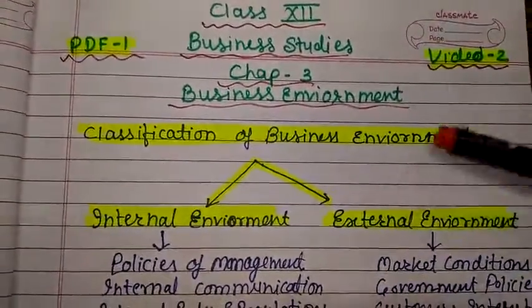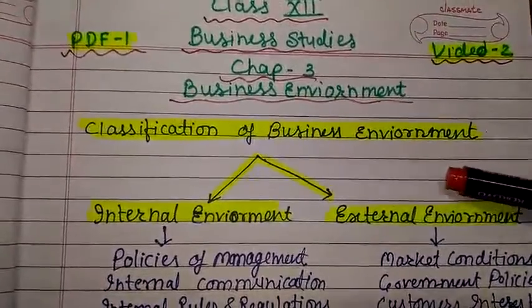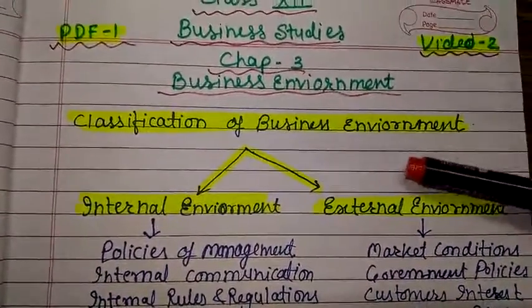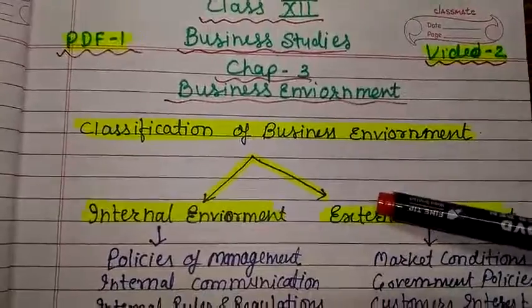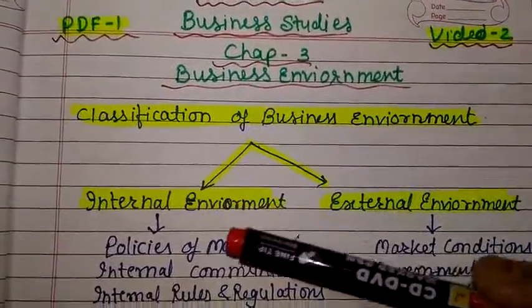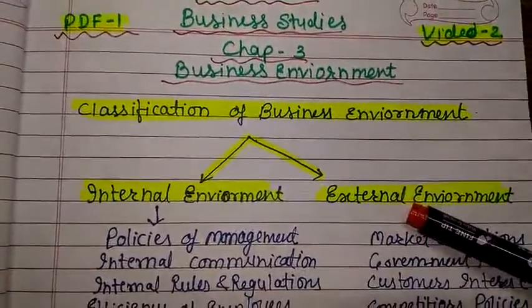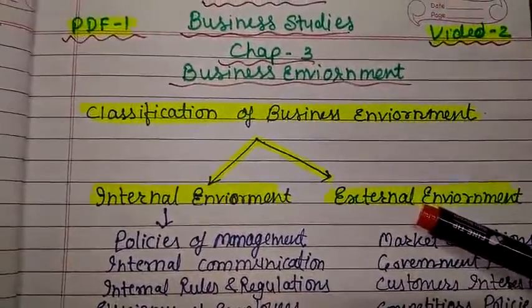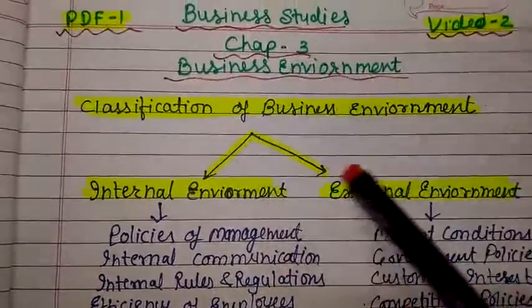So first of all, what is the classification of business environment? See, there are two types of business environment. It can be classified in two categories: internal environment and external environment. It means two types of factors affect the business.